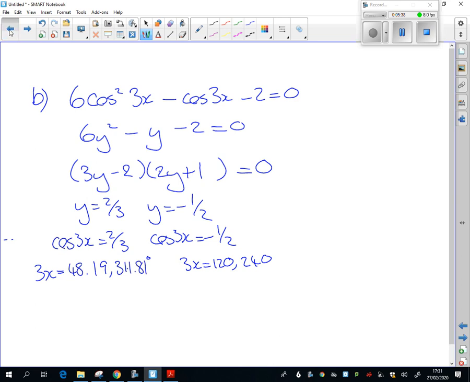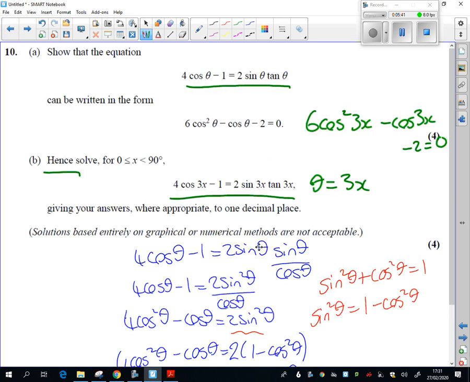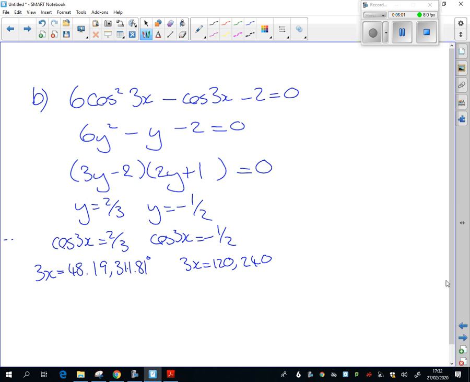So one thing I could have done actually, if I go back to the original question, yeah, so here where it said go from 0 to 90, I could have changed that in terms of 3x, so multiplied each of the limits by 3, and then that would have told me that I want my values of 3x to go up to 270. So as we thought, that one's actually going to be too big. It doesn't matter if it's there, I can just discount it at the end. So each of those needs to be divided by 3 to get a value of x.